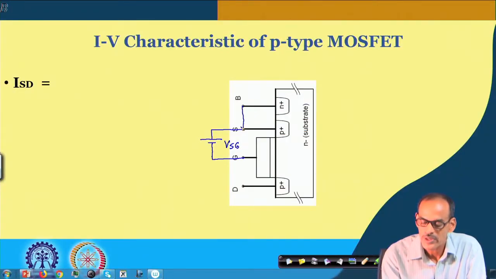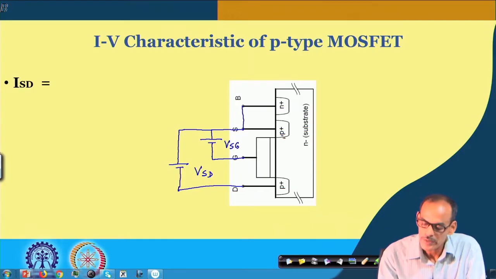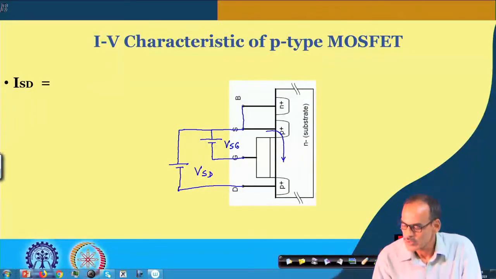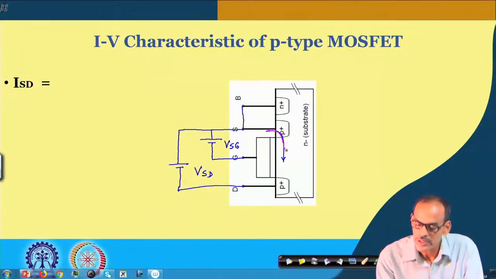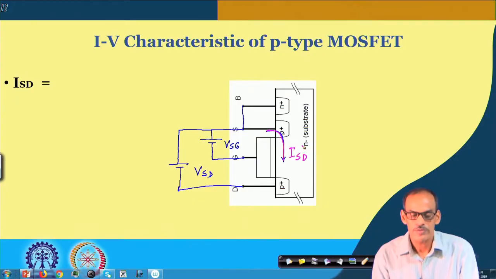The body is connected to the source, and then we have VSD, and the current is flowing in this direction, and that is ISD. We would like to find the expression of this ISD.